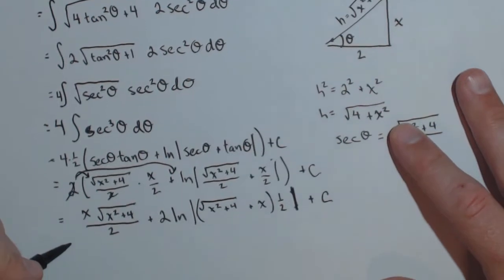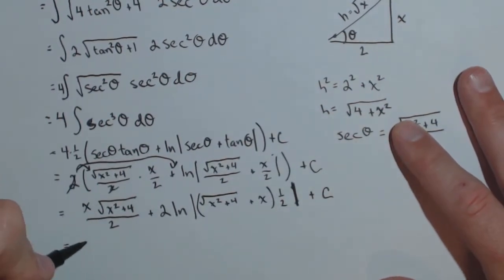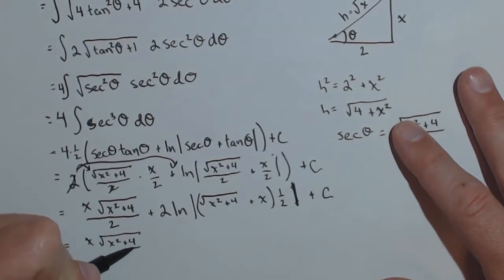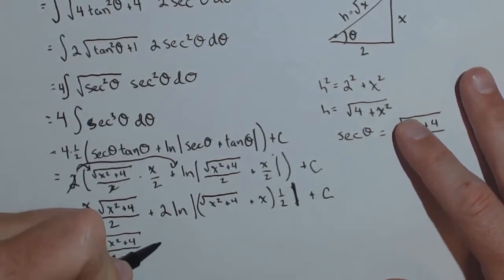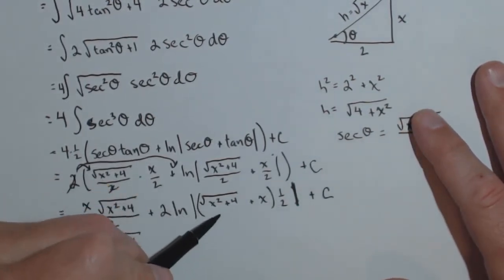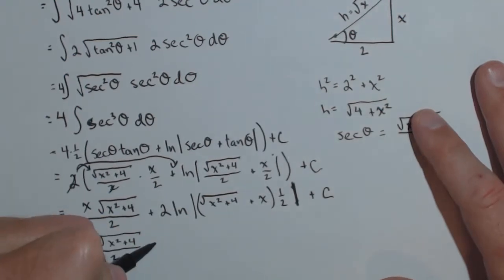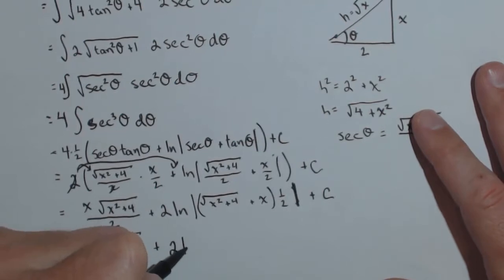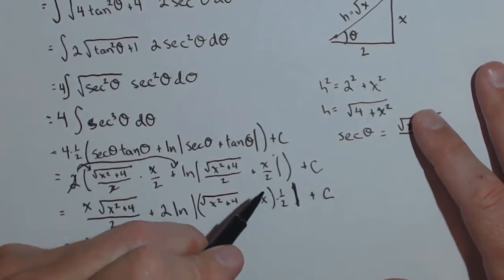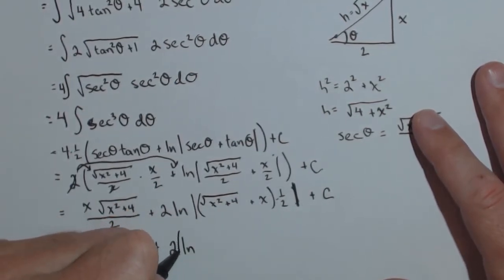So, last step. This is already done. x square root of x squared plus 4 over 2. The only reason I'm doing this extra simplifying is you might see it if you're doing this integral with a table. So plus 2, and now we have the natural log. Because this is a product, we can split that into 2 natural logs, both multiplied by 2.